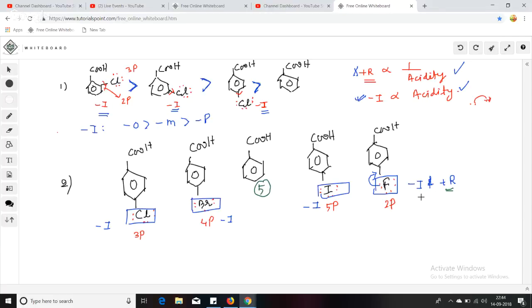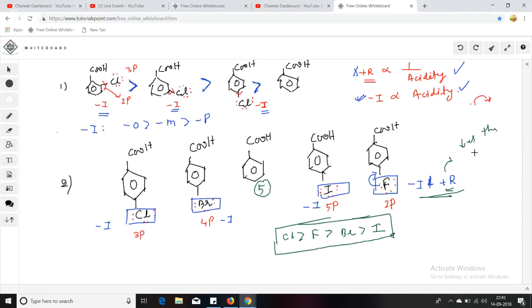So if we consider these two factors and write down the order of electronegativity, it is found to be maximum for chlorine, then fluorine, then bromine, and then iodine. This order we get when we consider the plus R effect of fluorine also. This plus R effect decreases the electronegativity of fluorine.